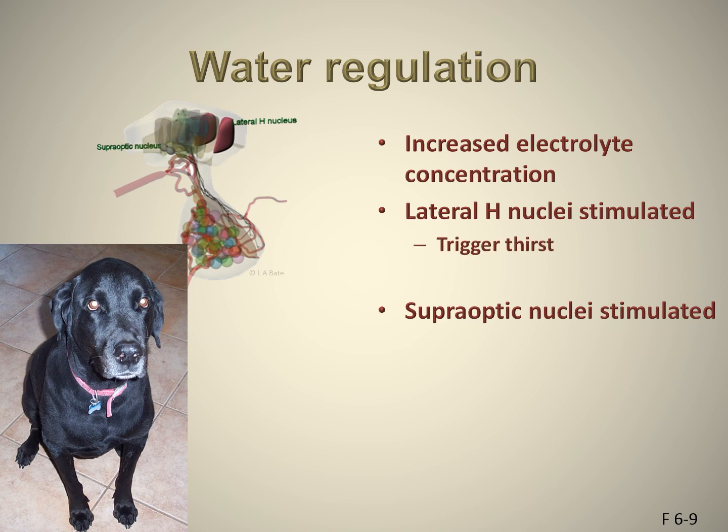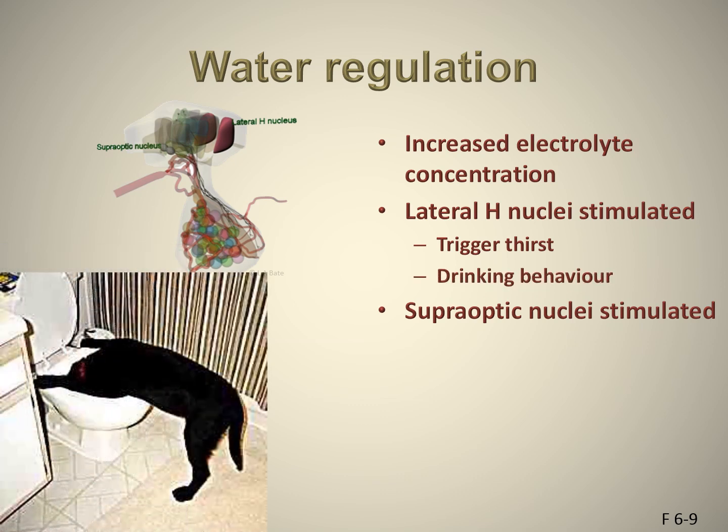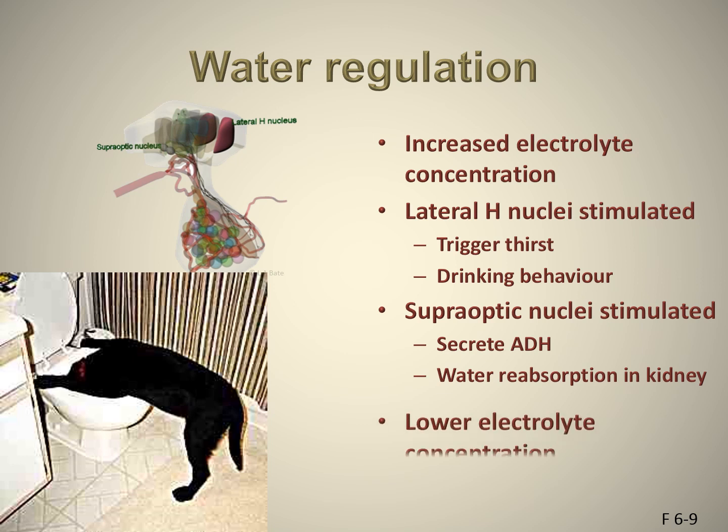The lateral hypothalamic nuclei will trigger the sensation of thirst, and this will lead to obvious drinking behavior. At the same time, the supraoptic nucleus will secrete antidiuretic hormone into circulation, which will lead to more water resorption by the kidneys, thus preventing further dehydration or increase in electrolyte concentration.